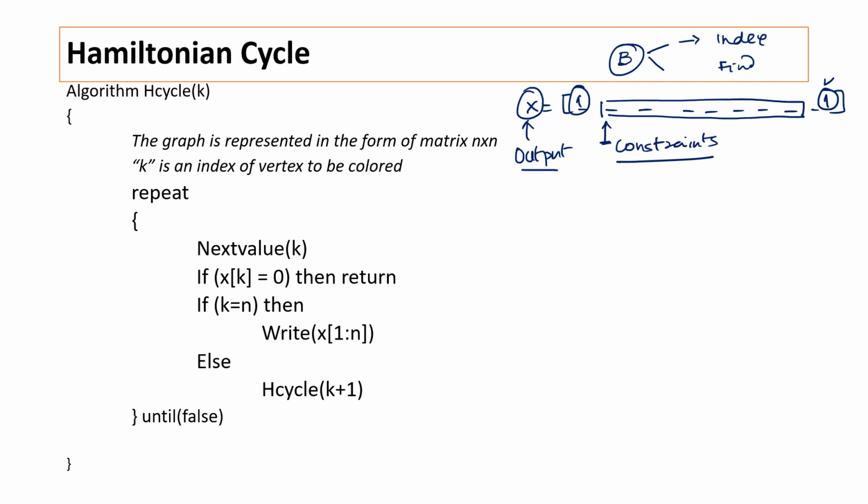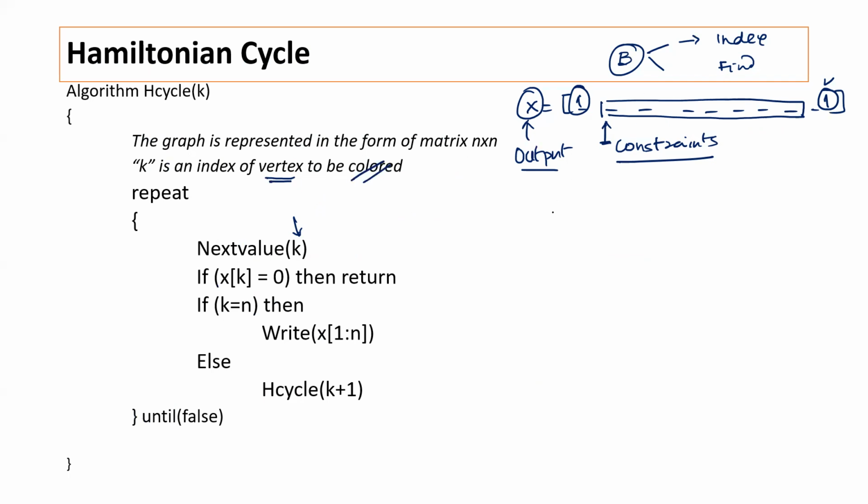So that's why we are just trying to check what the idea is. When we are talking about a normal concept, we will pass a vertex. The next value k means we are passing an index of that vertex to be checked.